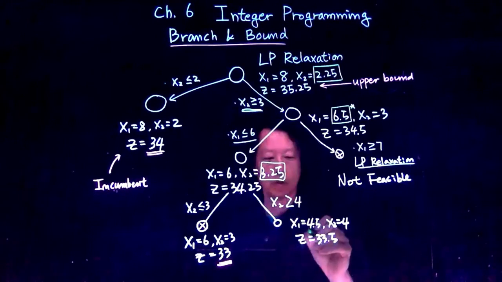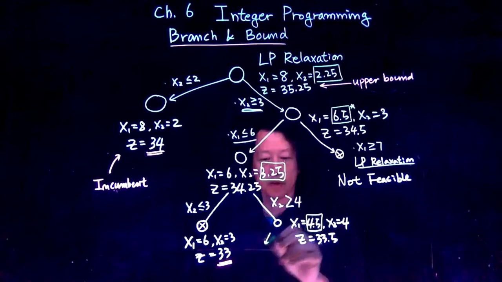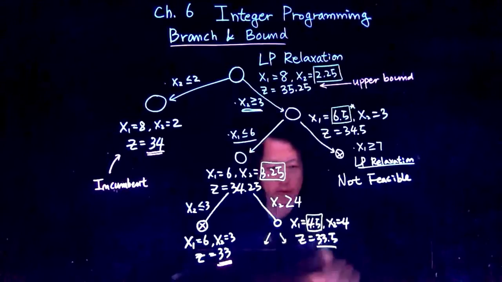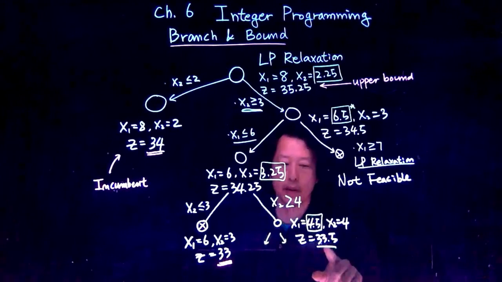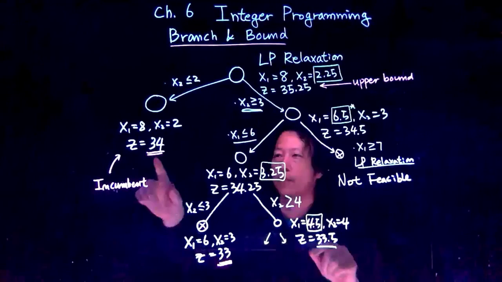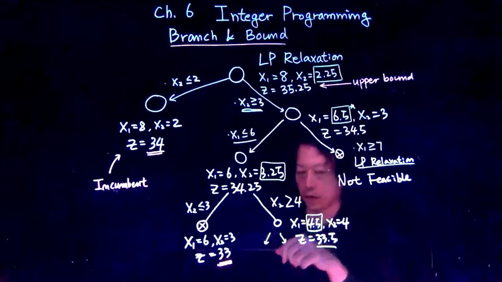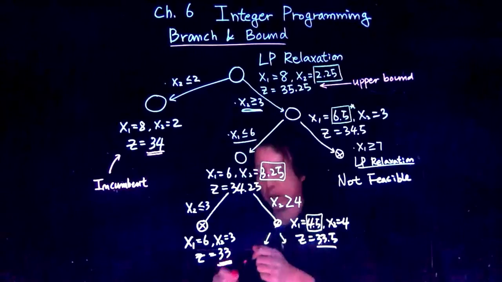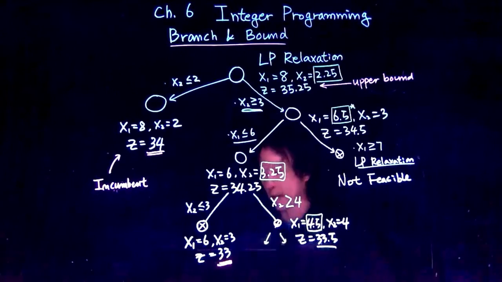Now again, x1 is not an integer value, but we don't have to branch out more because our number 33.5 is lower than 34, which is the incumbent solution. So we terminate this node also. So which means we terminate everywhere.